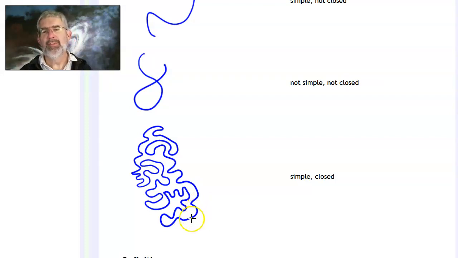Simple has nothing to do with how convoluted it's drawn, right? It's just a matter of, does it cross over itself? If it does not cross over itself, it's called a simple curve. And if it ends where it begins, then it's called a closed curve. Okay. There you go, a simple closed curve.